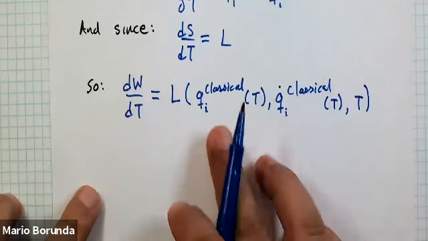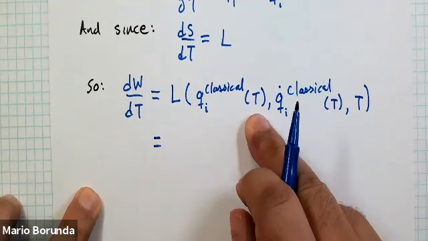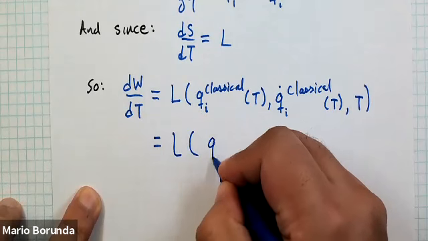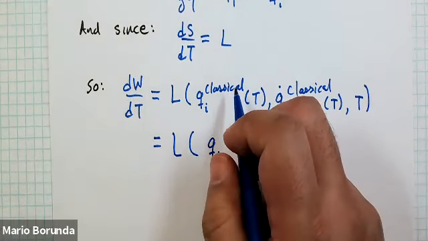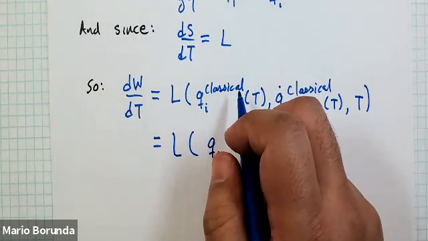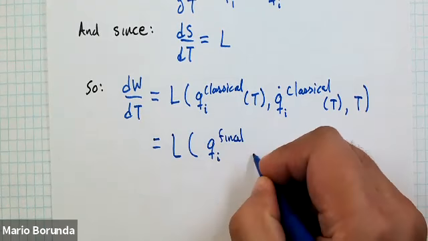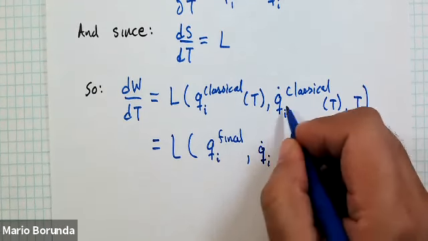And by definition, this is classical at the final time. So this is the Lagrangian that depends on qi classical at the final time. This is our final position, and this is the same thing here, except the dot is there.